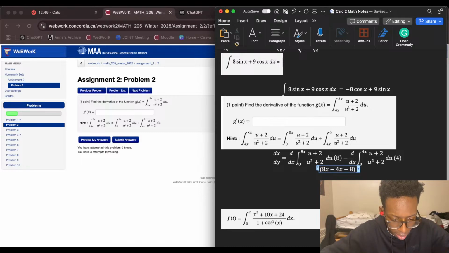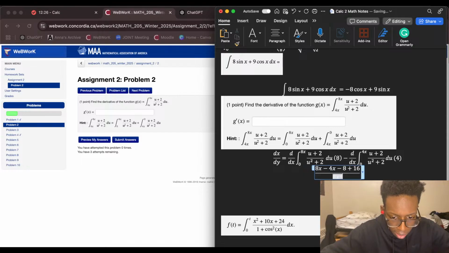And 8x plus 16. Then you have u squared. So then that's now 8x squared plus 2 equals to dx dy.